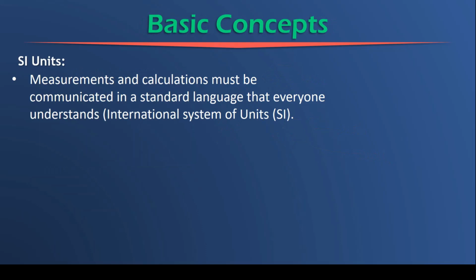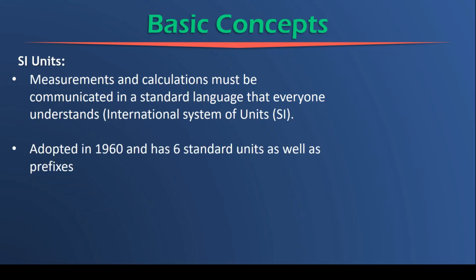Now, when considering SI units, the foundation of this section was based on the fact that measurements and calculations must be communicated in a standard language that everyone understands. Hence was the formulation of the International System of Units, or SI units.